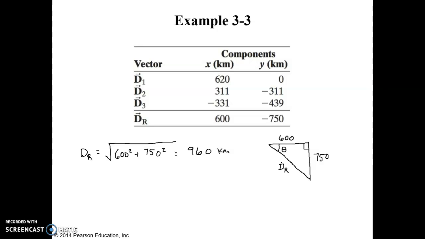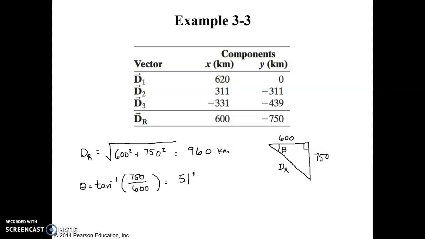But we also need to find the angle. So the angle is equal to the inverse tangent of the opposite over adjacent side, so 750 over 600.